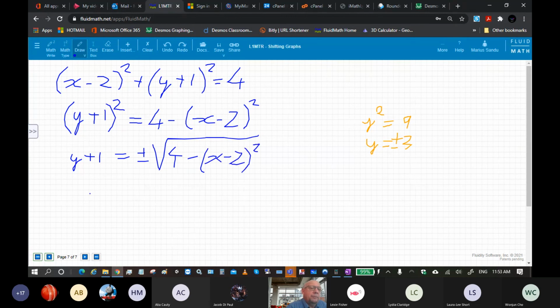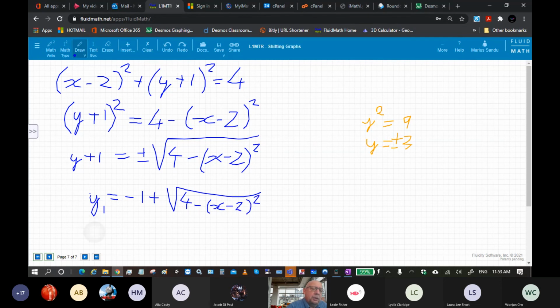And now y is going to be y1. I move the 1 to the other side, and I've got negative 1 plus square root of 4 minus x minus 2 to the power of 2.